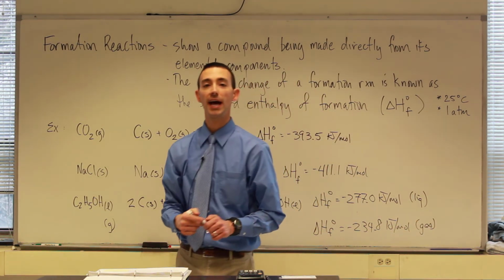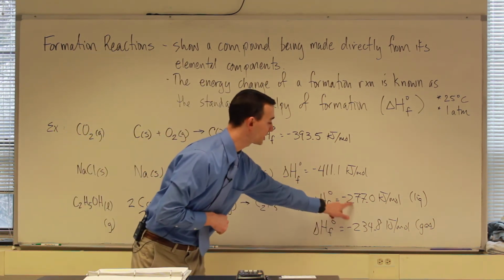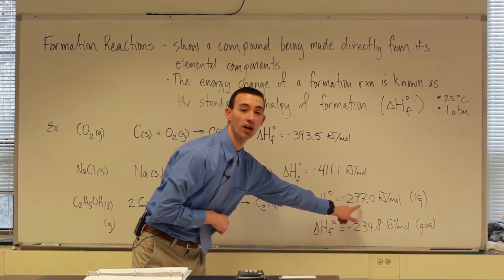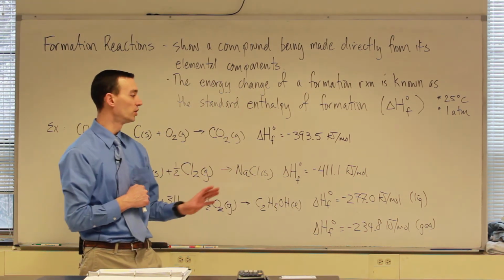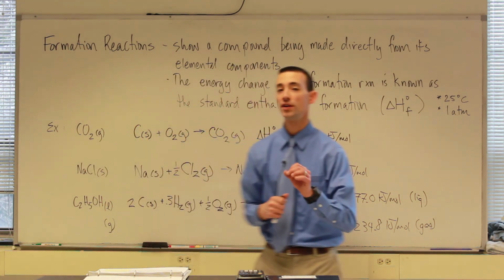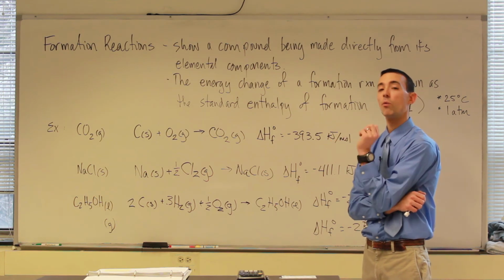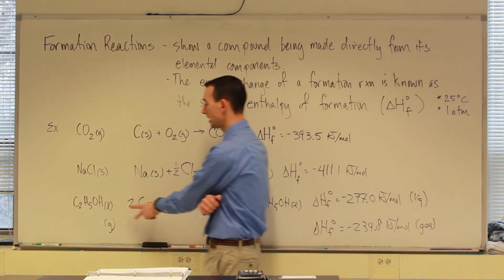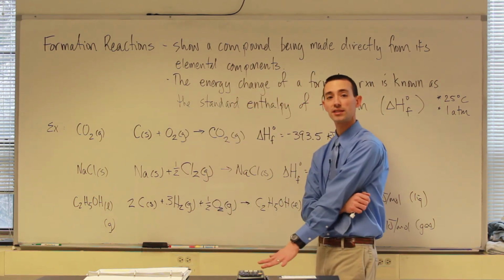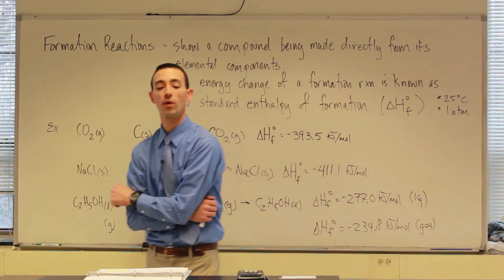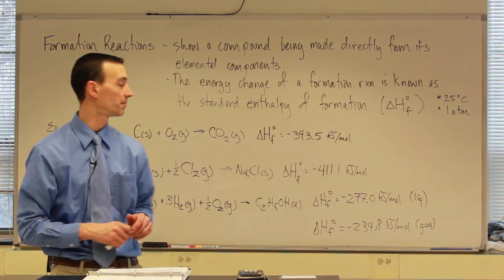So depending on how your ethanol might show up in a chemical reaction, that's a pretty significant difference of 40 or so kilojoules per mole of ethanol. So when you're using these formation reactions, you need to pay careful attention to what phase the material is in. Water also falls into this category just like the ethanol does. All right? It shows up in liquid in some reactions and gas. So we want to make sure that we're very carefully examining the phase that something is listed in.